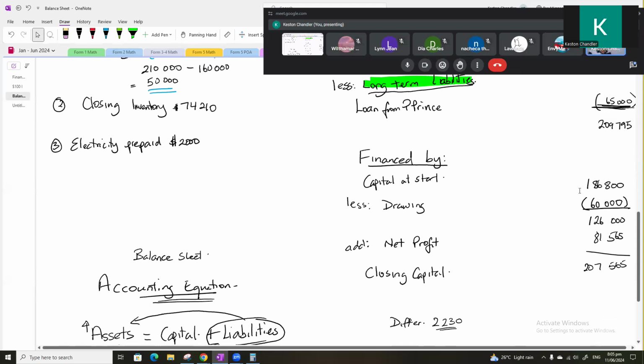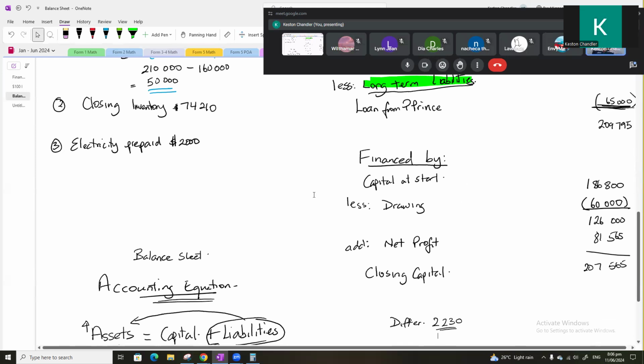And then next we will do the financed-by section, which would usually involve our capital, drawings, and profit. Our balance sheet is off right now by 2,030. If we identify where the error could have been, our balance sheet would balance. They should both have the same figure there.